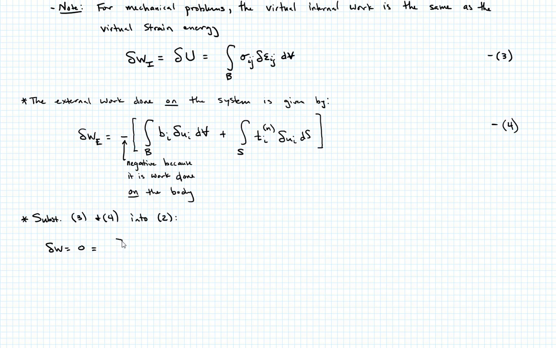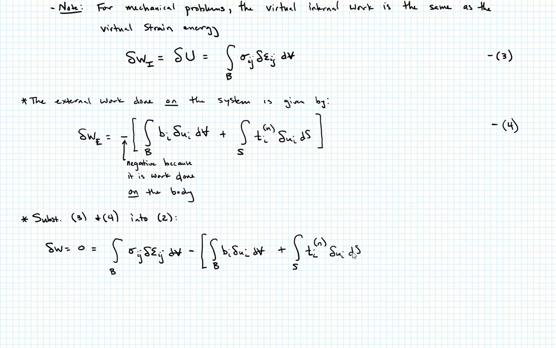And it's going to be equal to the integral over B of sigma ij delta epsilon ij dV, then minus this term here, the integral over the body of Bi delta Ui dV, plus the integral over the surface of Ti n delta Ui ds. Call that equation 5.